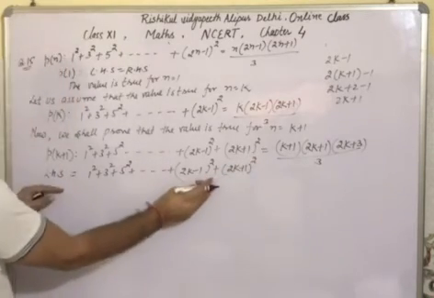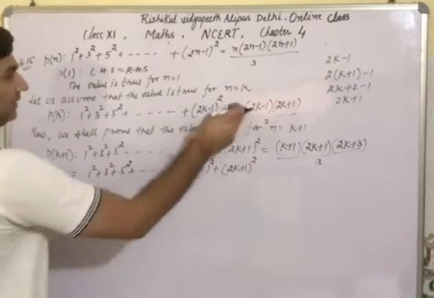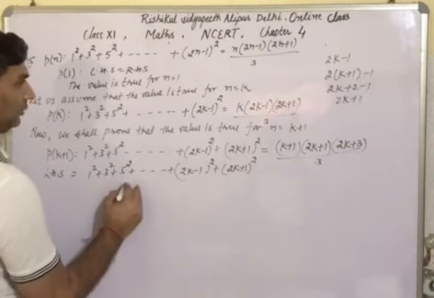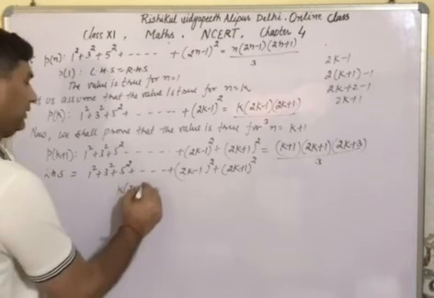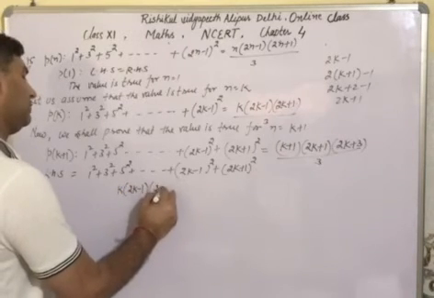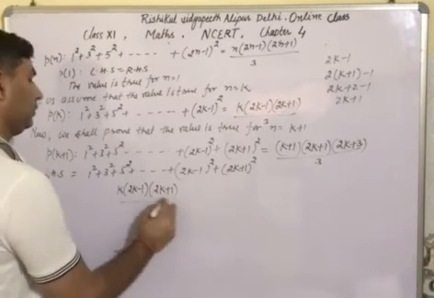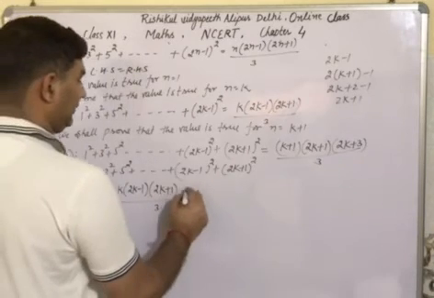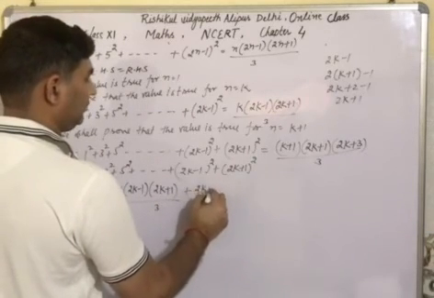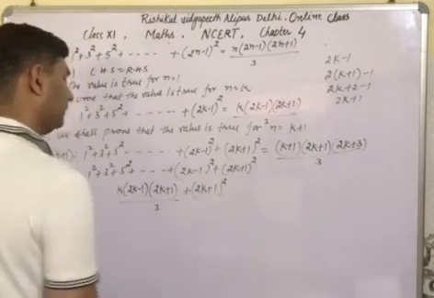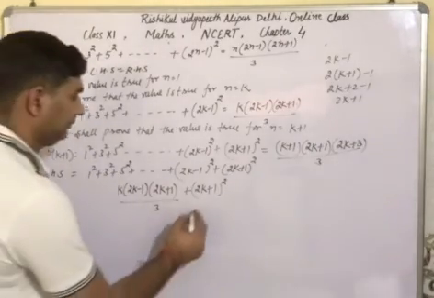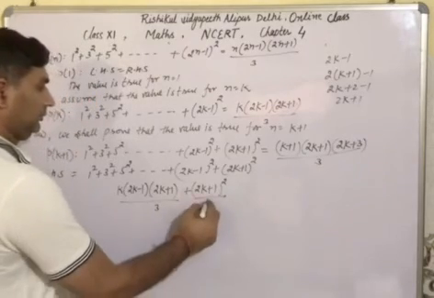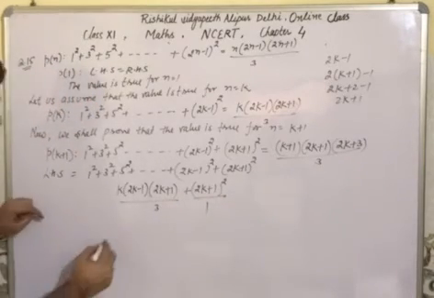Use this value of P of k, which is k into 2k minus 1, 2k plus 1 over 3, plus 2k plus 1 whole square, and then taking LCM, which is 3.